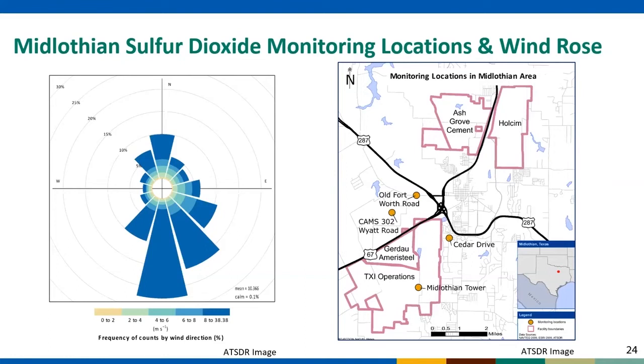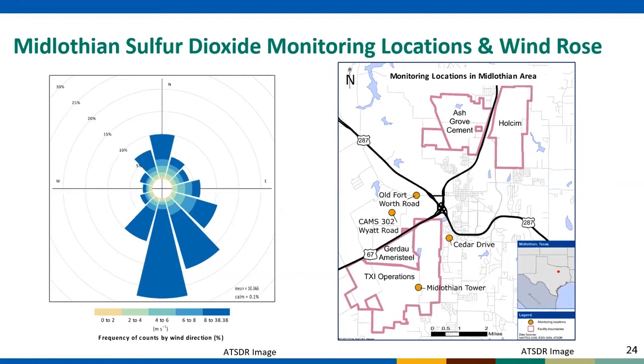All of this comes from the final 2016 health consultation, which evaluated exposures to hydrogen sulfide and to the National Ambient Air Quality Standard criteria contaminants like particulate matter and SO2. We will focus on SO2 today.